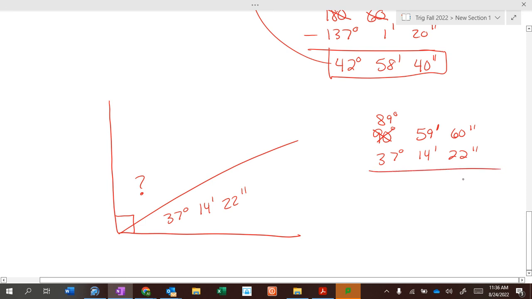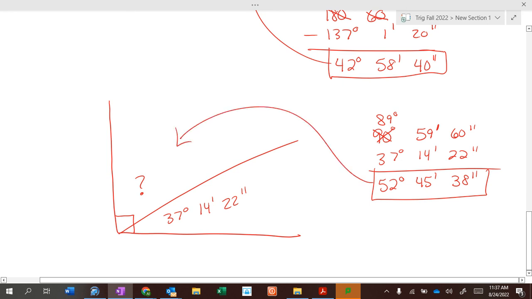Then we just subtract. 60 minus 22 is 38. 59 minus 14 is 45. 89 minus 37 is 52. So what's missing off of that right angle is 52 degrees, 45 minutes, 38 seconds.